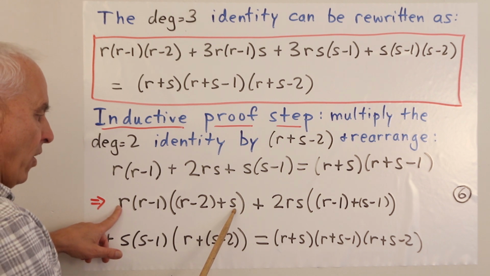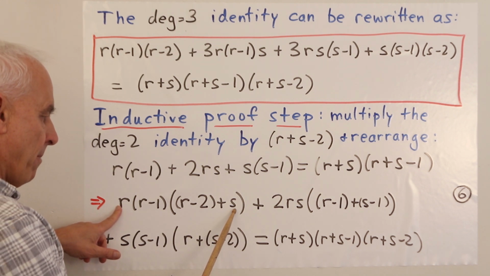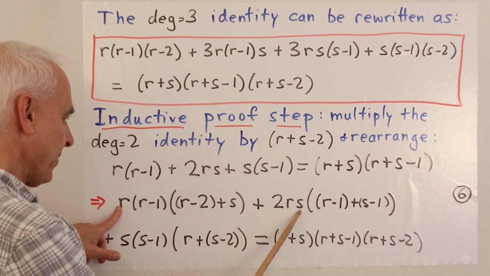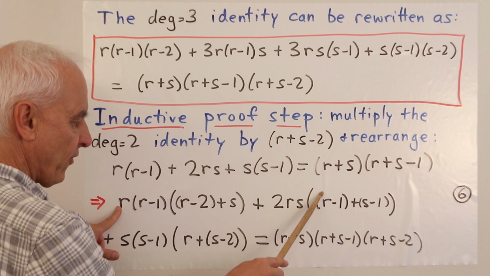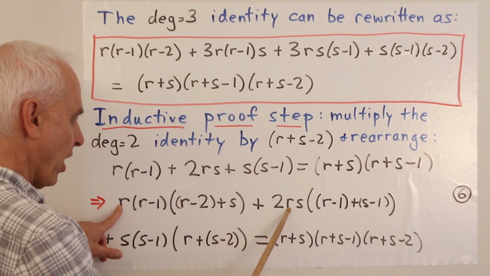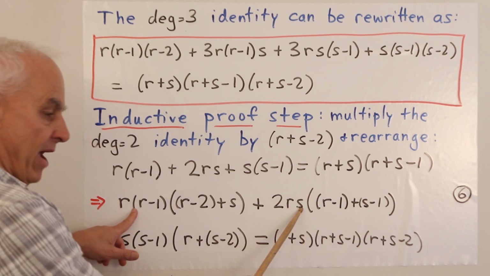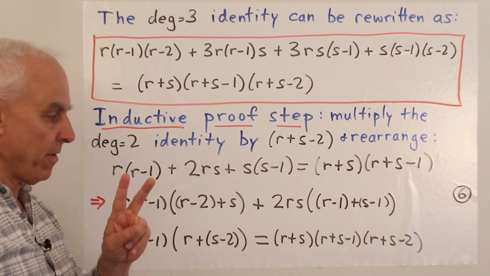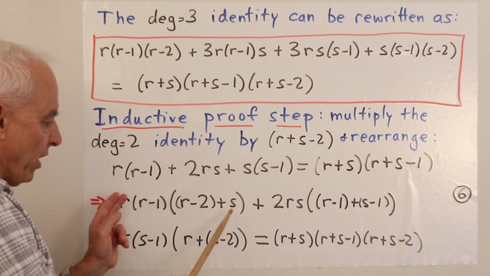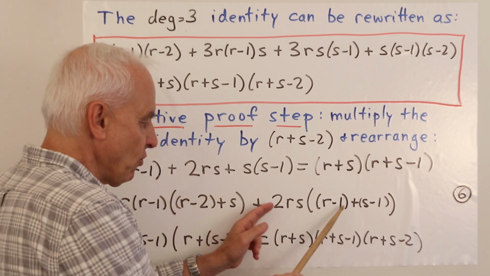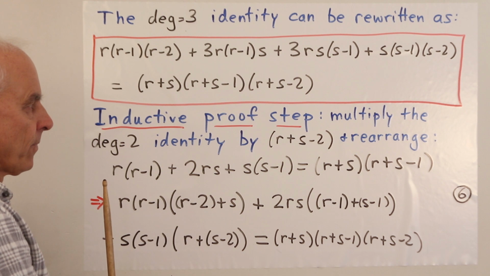Okay, so there's one of those. But over here, this product, this term times this first one is also an r times r minus 1 times s. And there are two of them. So we're picking up this thing here because one of them is coming from this factor and two of them are coming from this factor.